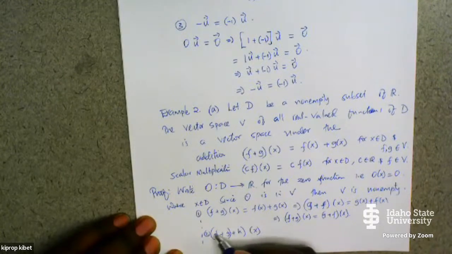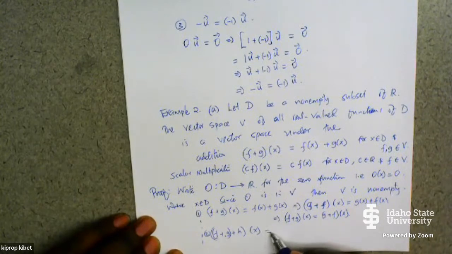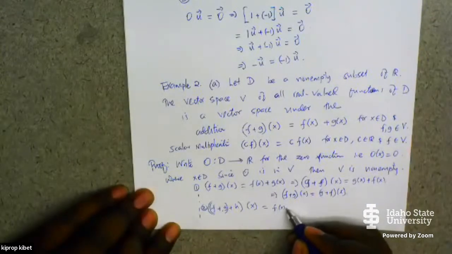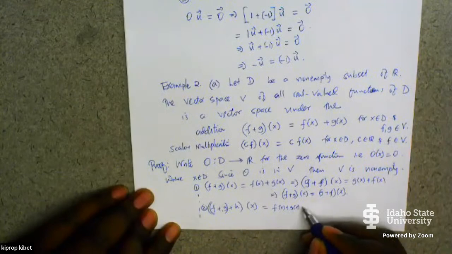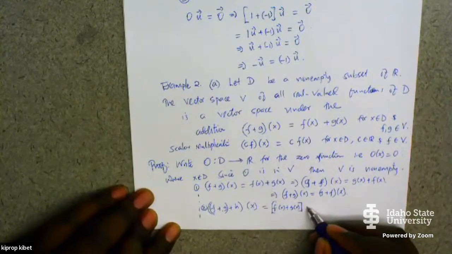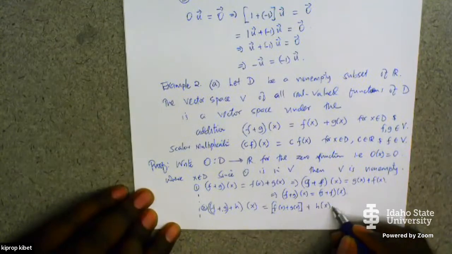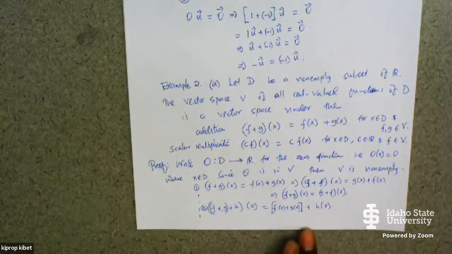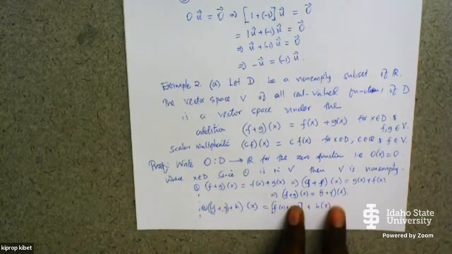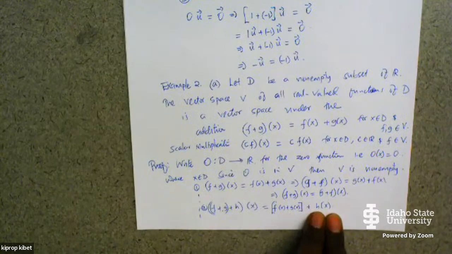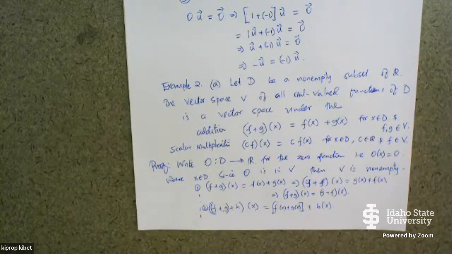Then you can add this first, so it is similar to just f of x plus g of x, adding the two of them there, and then later on you add h of x. So it is similar to adding g and h, and then you add f of x.